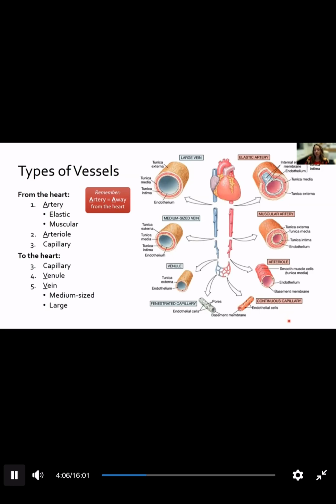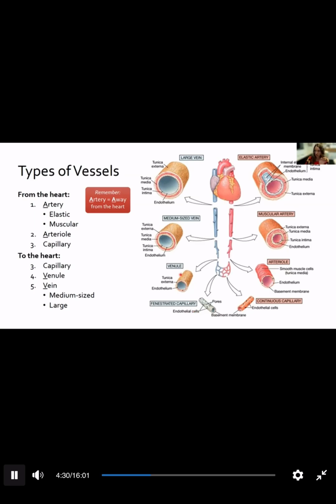Now that we've gone down to the capillary level, the red blood cells will exchange oxygen at that level. And so we then move to the fenestrated capillaries, or the capillaries on the side that is now going towards the heart. So we start now on the lowest level, capillaries, the tiniest vessels.